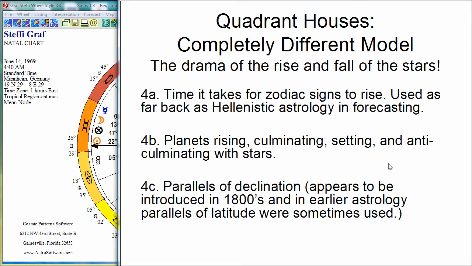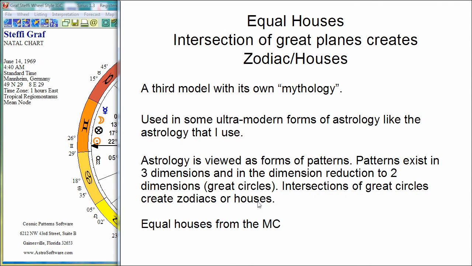The Placidus houses become very popular, and people are thinking about these motions. So it's not surprising that parallels of declination get picked up, because parallels of declination are closely related to the diurnal motion, this motion of stars rising and culminating. When planets are parallel, they're following the same path through the sky. And the path through the daily motion, the diurnal motion, the paths of these stars and planets are parallel to each other. Anyway, that's all in another video where I describe that astronomy.